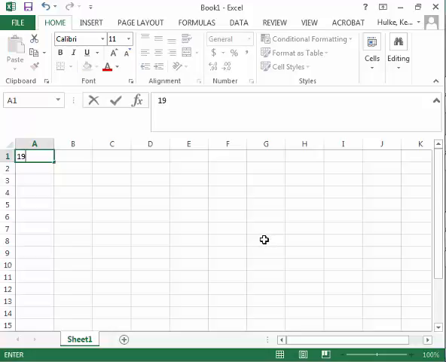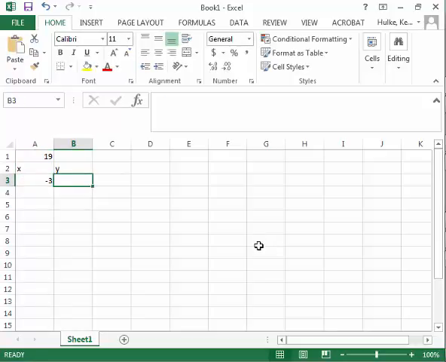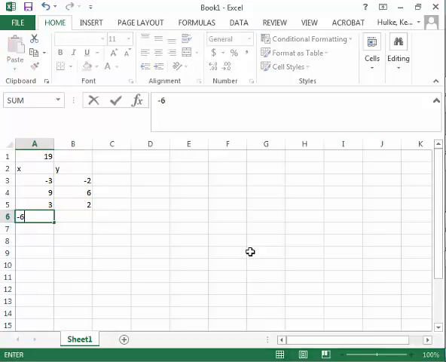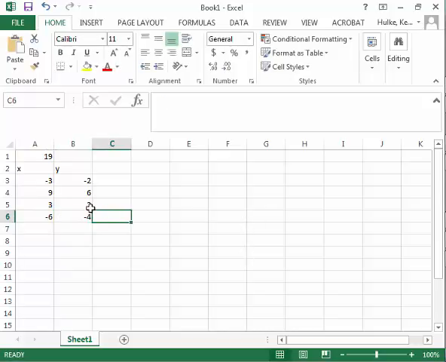Here's my x's and here's my y's. My x is -3, that matches with -2. 9 matches with 6. 3 matches with 2. -6 matches with -4.